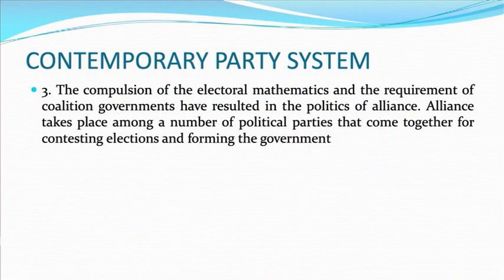The compulsion of electoral mathematics and the requirement of coalition governments have resulted in the politics of alliance. Alliance takes place amongst a number of political parties that come together for contesting elections and forming the government. The examples could be NDA and UPA; these are all alliances which have different political parties coming together to contest elections.